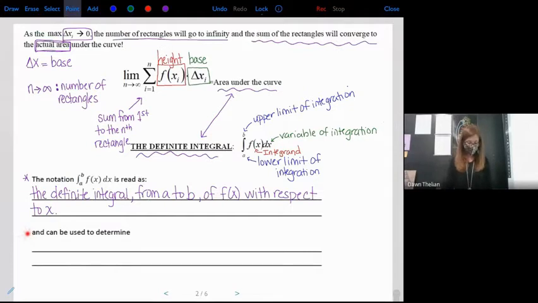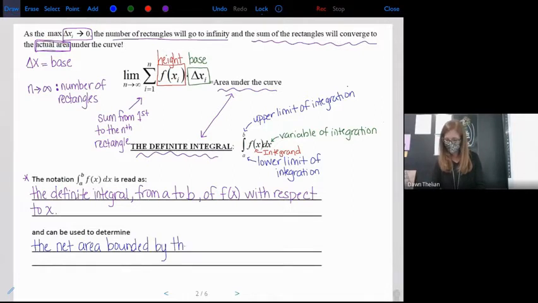It can be used to determine the net area bounded by the x-axis and the function f of x from x equals a to x equals b.